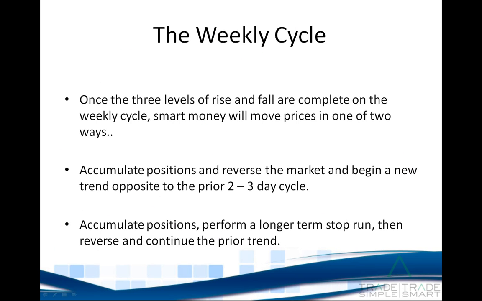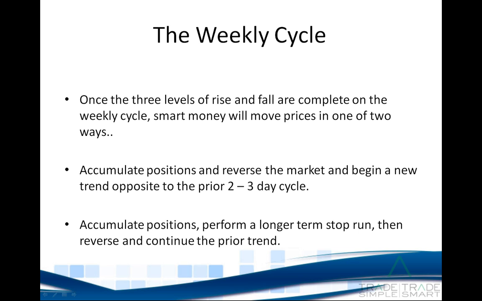Now, once the 3 levels of rise and fall are complete on the weekly cycle, smart money will move prices in one of 2 ways. So once we have seen 3 levels of rise or 3 levels of fall over the course of 2 to 3 days, generally one of 2 things will happen.